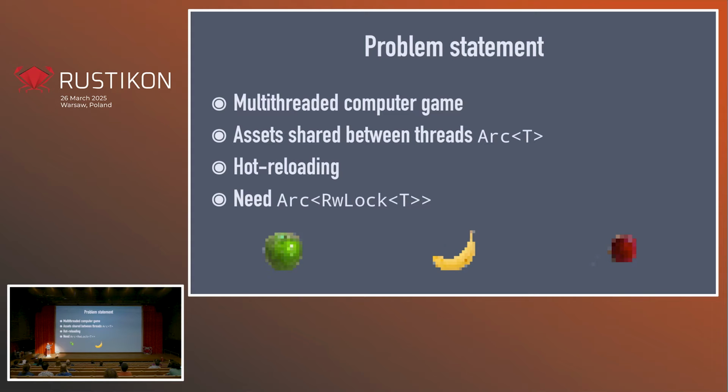So maybe you want to use Arc<Mutex>, but then multiple threads cannot read the same asset at the same time, and that won't be good. So you want to use RwLock. And here's some example of AAA quality 0.2 kilopixel video game art, right? And we'll use these as examples in this talk.